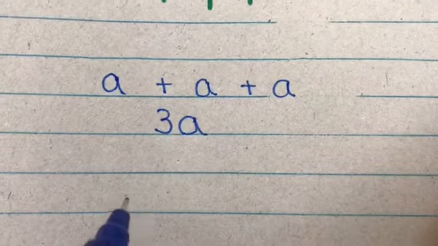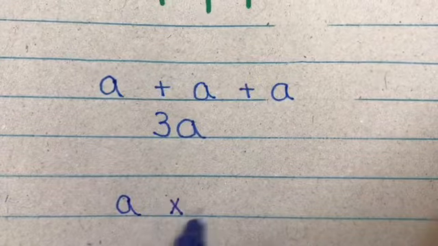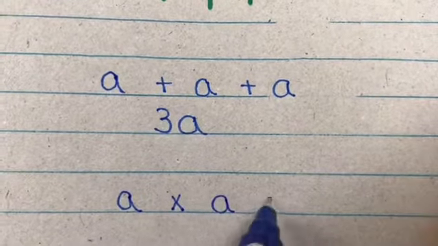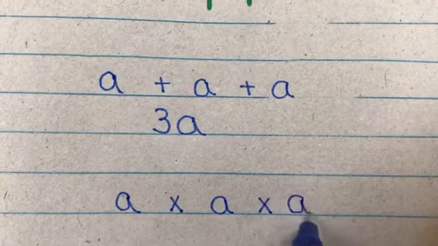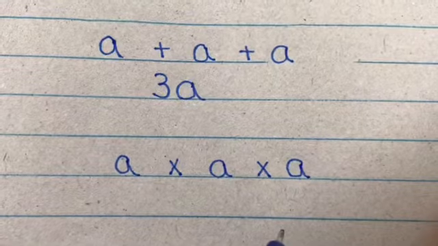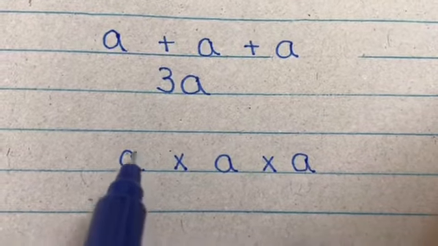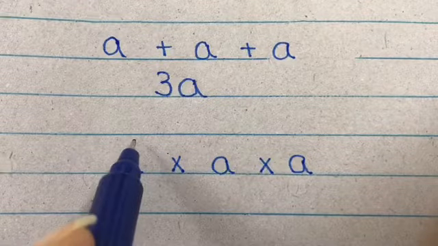But if we have something like A multiplied by A multiplied by A, now this is not 3A, because in multiplication, A has the power of 1.